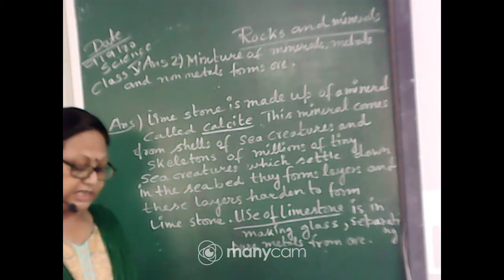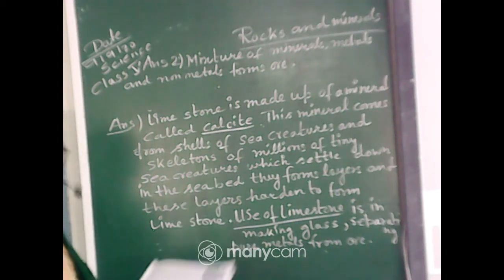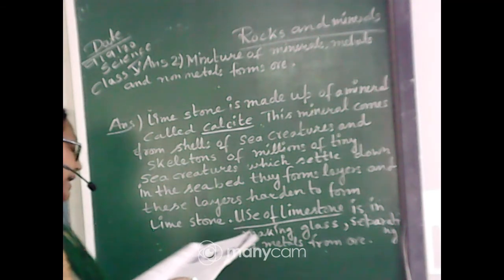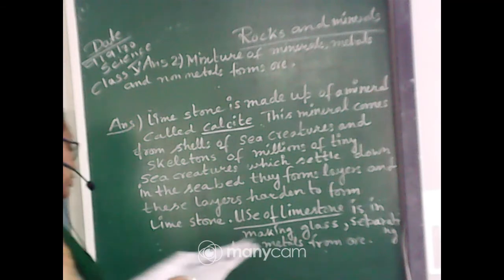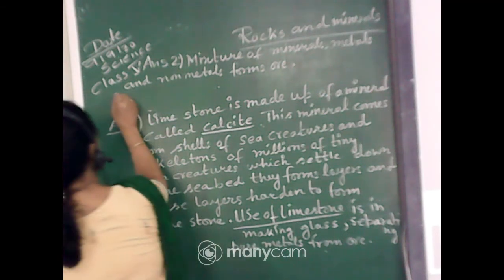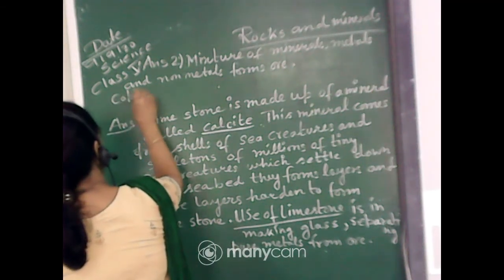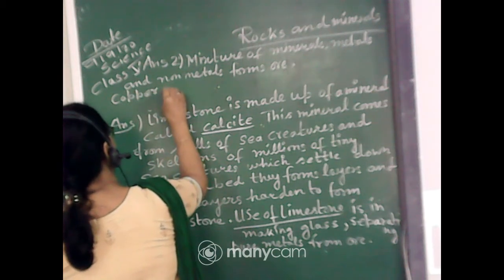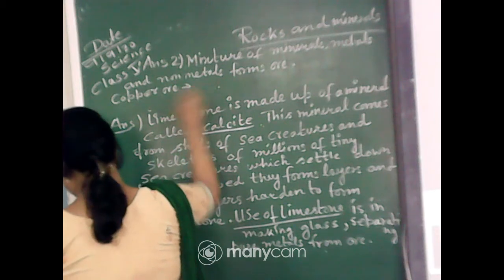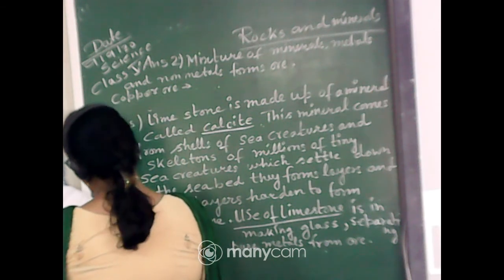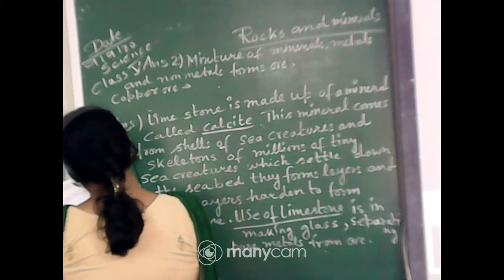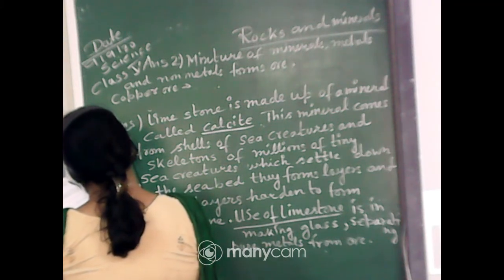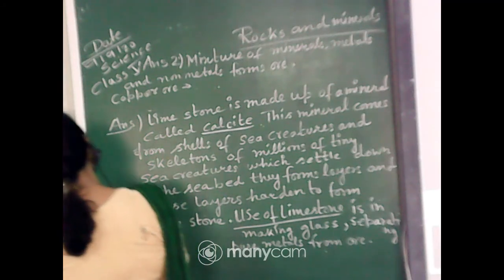And all the metals and minerals are extracted from this ore. The second part of the question is, write the names of the copper and zinc ore. So the name of the copper ore is hematite. You can write hematite.